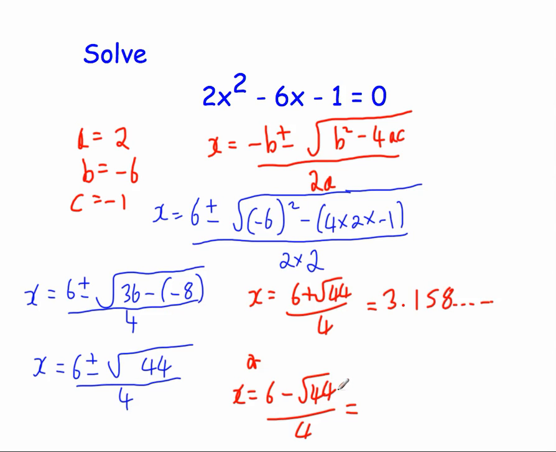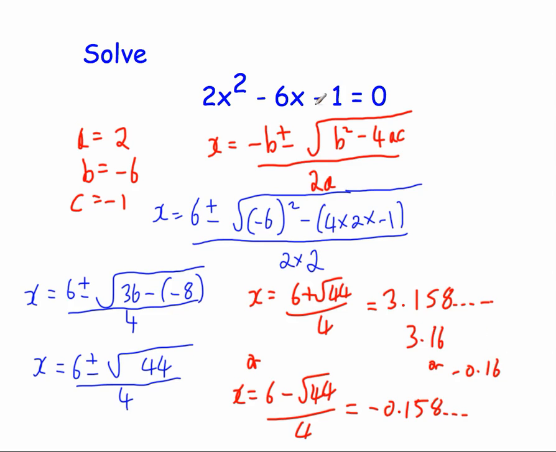And then 6 minus root 44 equals, divided by 4 equals, and that gives me minus 0.158. So my answers are 3.158 and minus 0.158. You could round them to 3.16 or minus 0.16 if you want to round them to 2 decimal places.